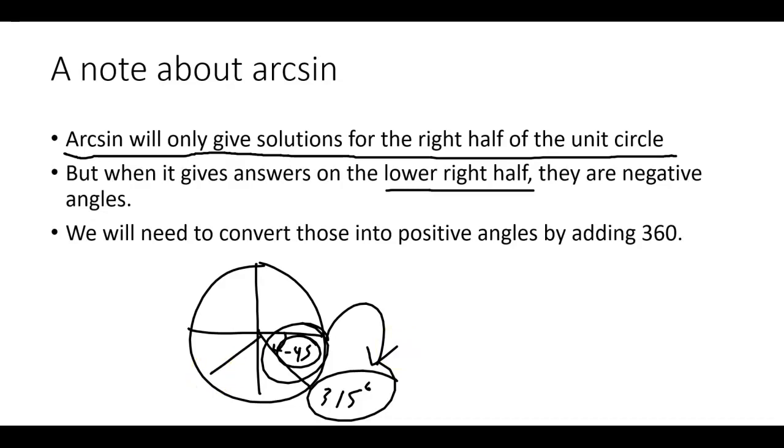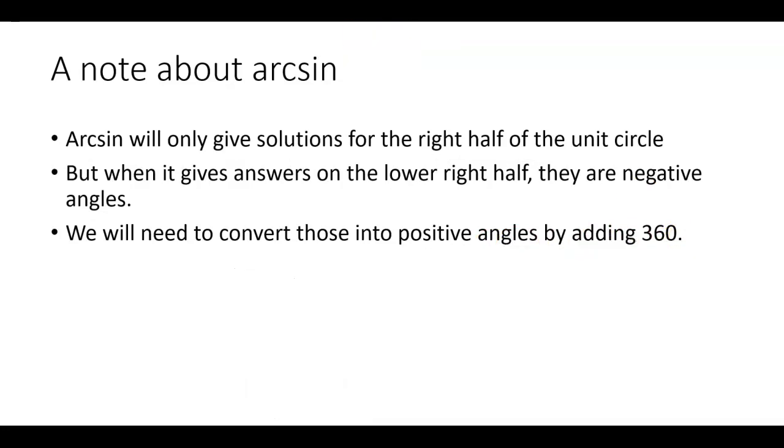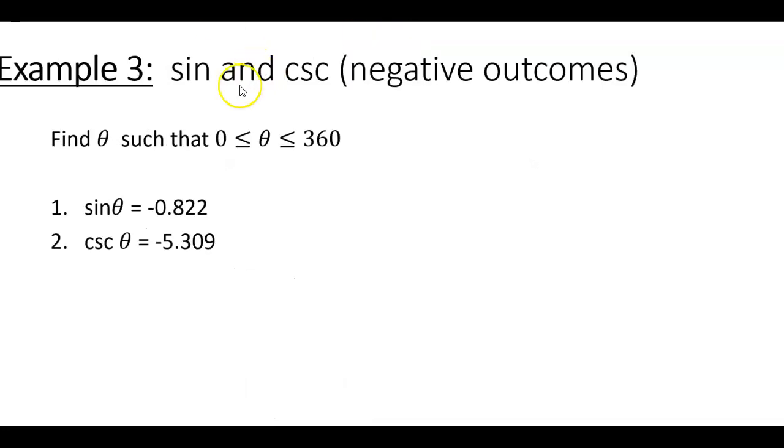Arcsine, whenever it gives you answers down here, will give you the negative version of those angles. It will not give you the angles that are actually on the unit circle. So we need to convert those to positive angles by adding 360 to it. Okay, so that will be the first set that we look at.